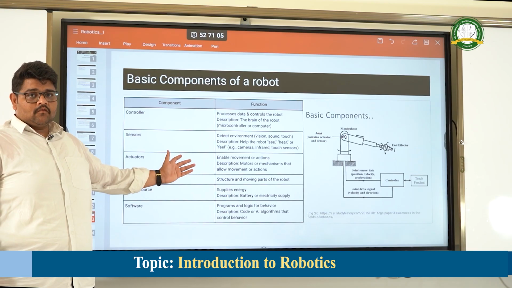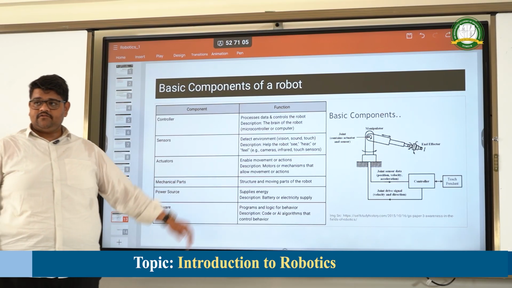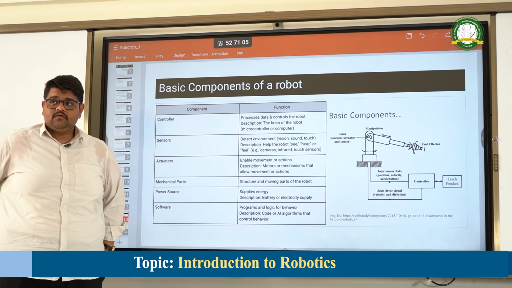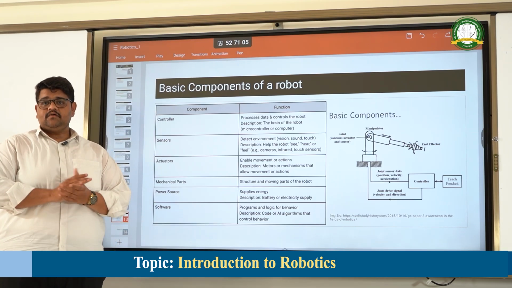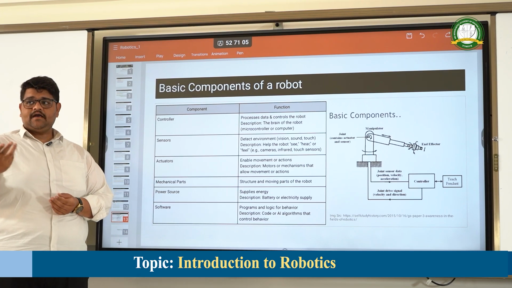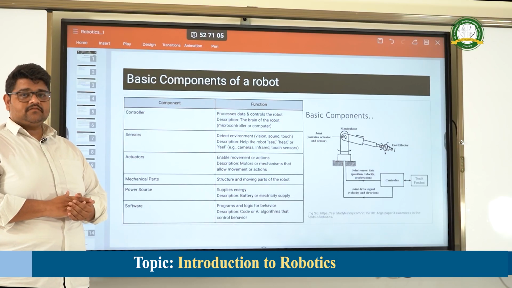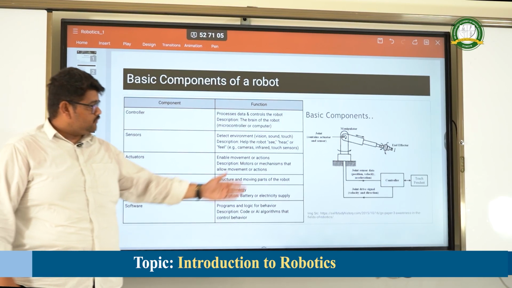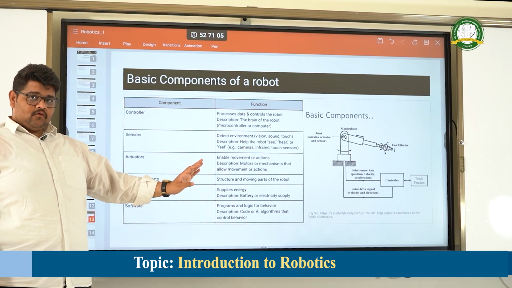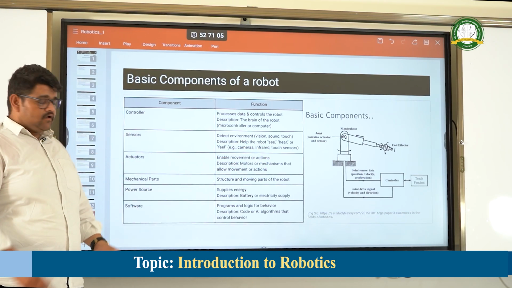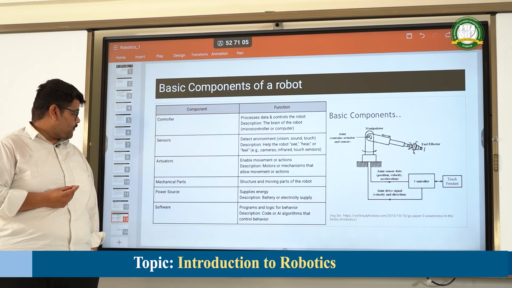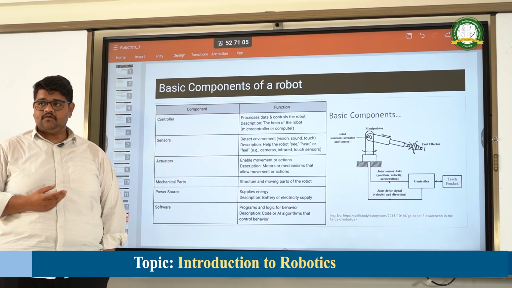So lastly, to complete this session, we are going to discuss the basic components of a robot. Components are nothing but all the factors, all the parts that make up a robot. Here you see a basic robotic manipulator. It includes these components: controllers, sensors, actuators, power supply, mechanical parts, and software.